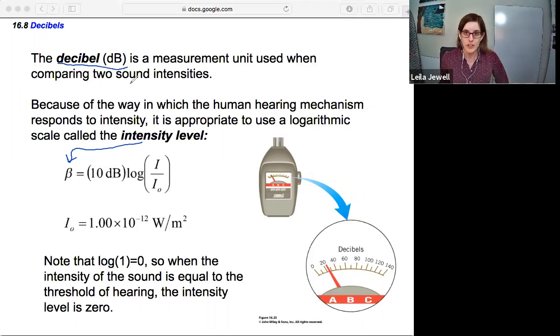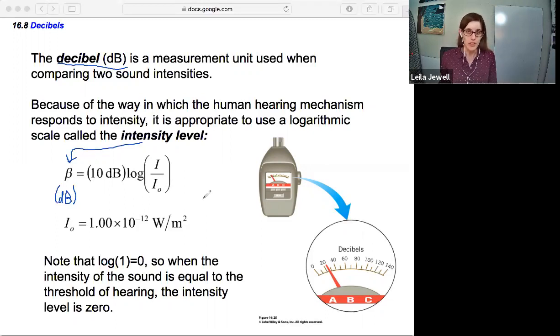If you ever hear something being a certain number of decibels, that's the intensity level being described. The intensity level is calculated as 10 decibels times the log of the intensity relative to the threshold of hearing, I0. The threshold of hearing, I0, as we saw in the previous video, is 1 times 10 to the negative 12 watts per square meter.